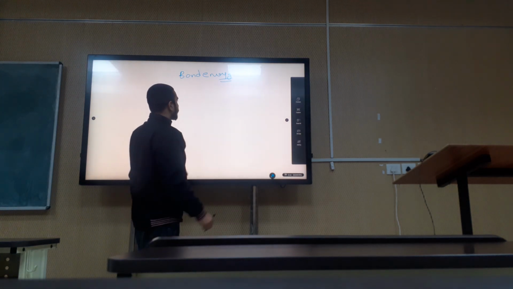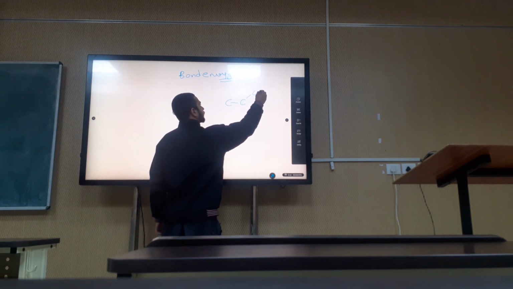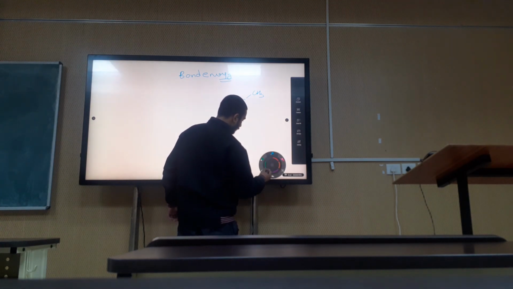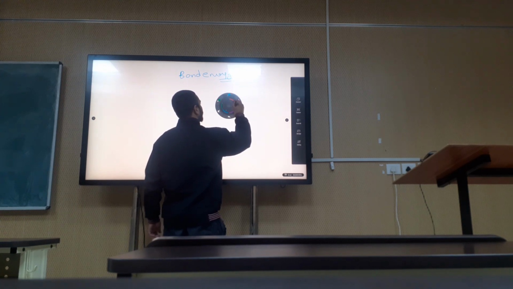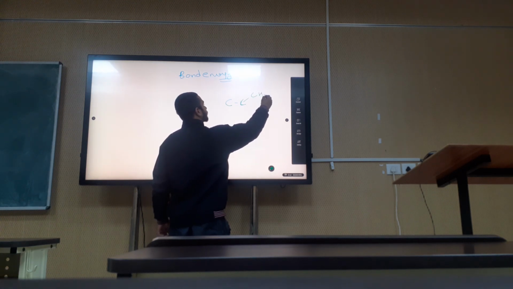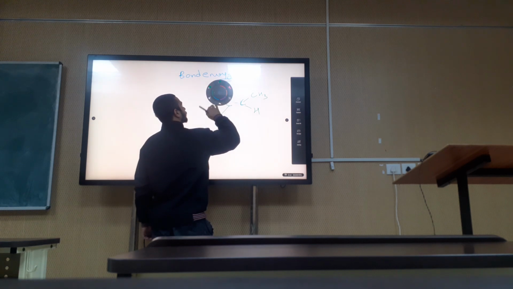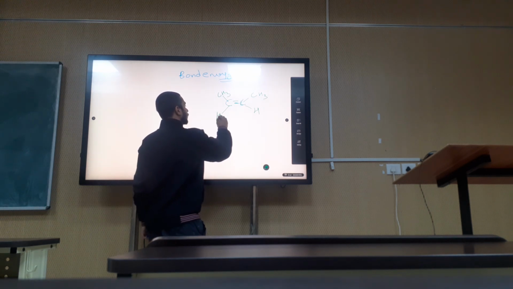For example, there is a particular compound, this CH3, and here H and here H, and this is a double bond. So for example this is the compound.